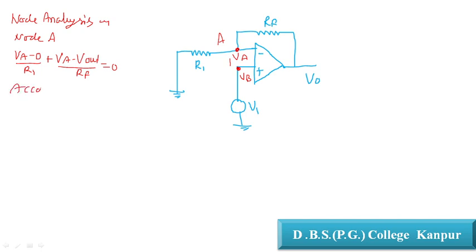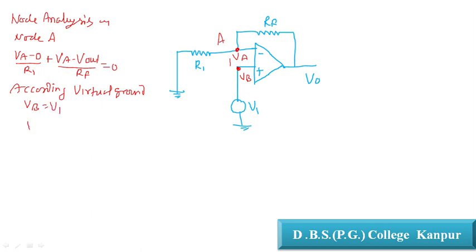According to virtual ground, VA is equal to V1.